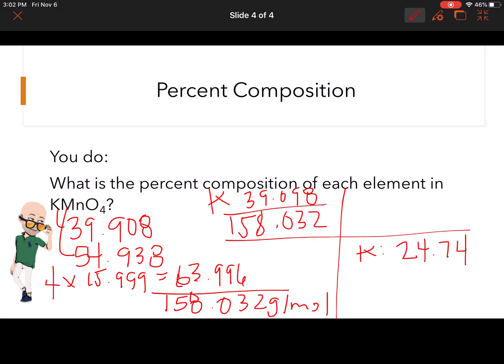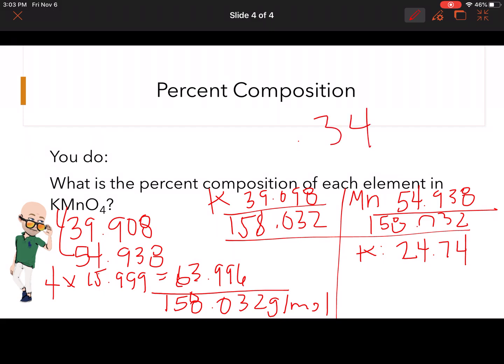And I skipped the whole decimal for you, so let me just make sure for manganese I go back and do that a little slower. So manganese 54.938 divided by 158.032 gives me 0.347638 and so on, but we know I'm going to 2 here.